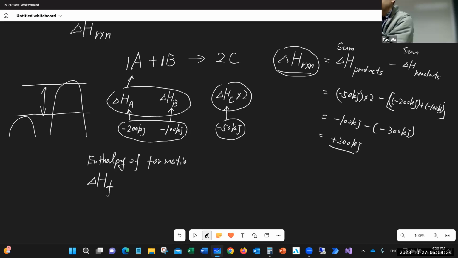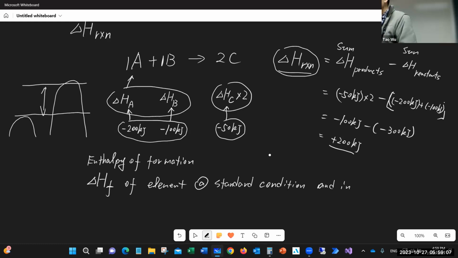So people define the enthalpy of formation of an element at standard condition and in most stable form is 0.